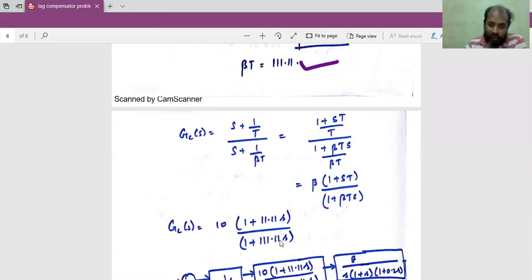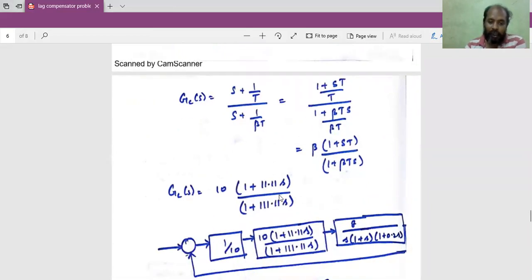So replacing that, I am getting 11.11S, 111.11S. We will discuss the larger time constant available, and still the design is not correct actually. But at the initial stage, we will check whether your phase margin is being satisfied. Then we will get into the higher value of time constant.